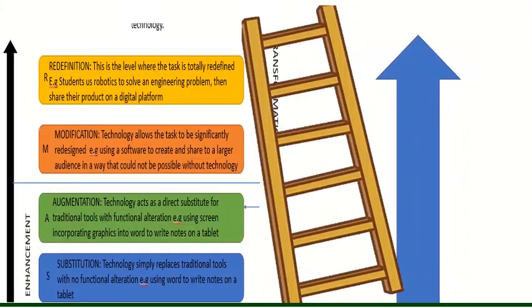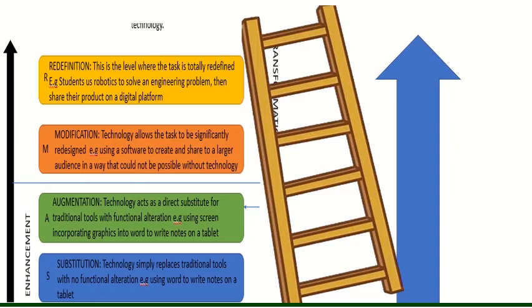Now, the thing about it is that some people feel that this model is like a ladder. They start with substitution, they go to augmentation, then modification, and then redefinition. And most teachers, when they first embark on online instruction or virtual learning for their students, start at the substitution level.